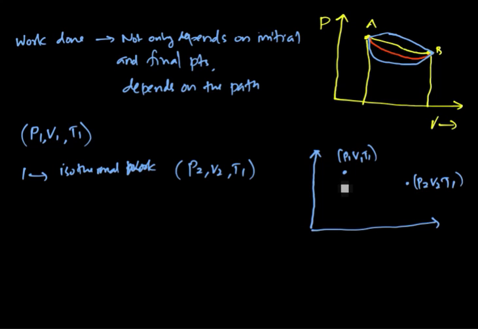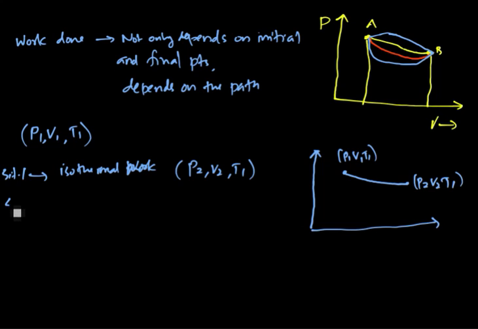The state is A and state is B. Suppose this is the work done in changing from the first state to the second state in situation 1, by an isothermal process.